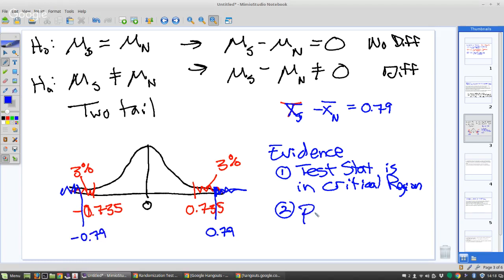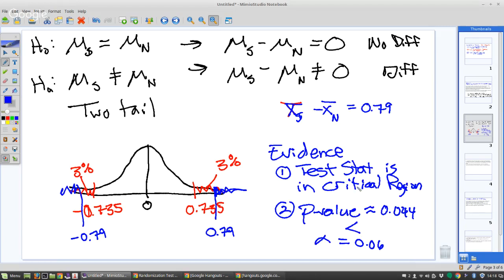There we go. My p-value is approximately 0.044. My alpha, by the way, remember, was 0.06, and so my p-value is definitely less than alpha.